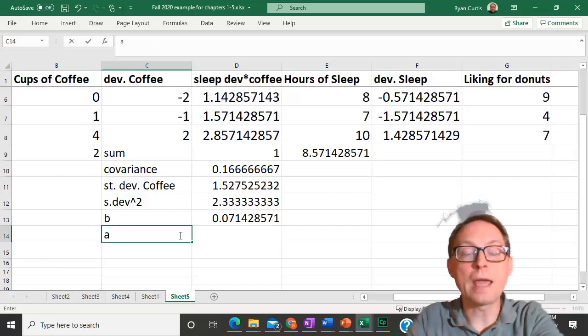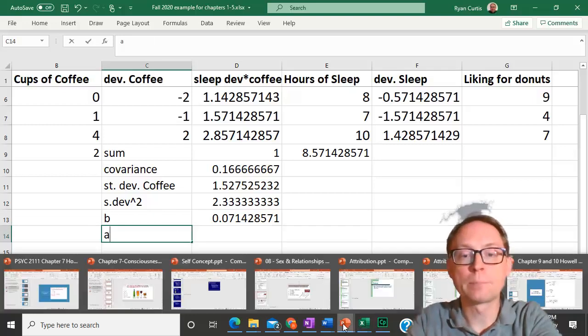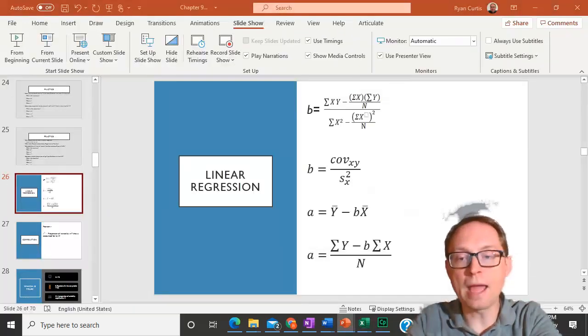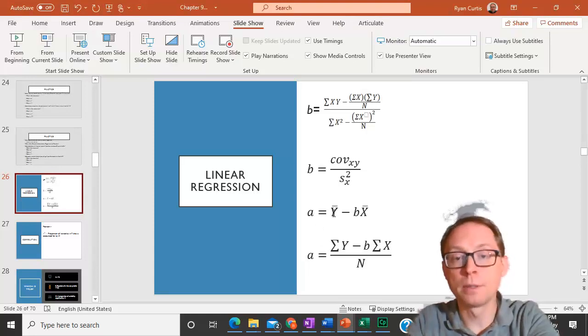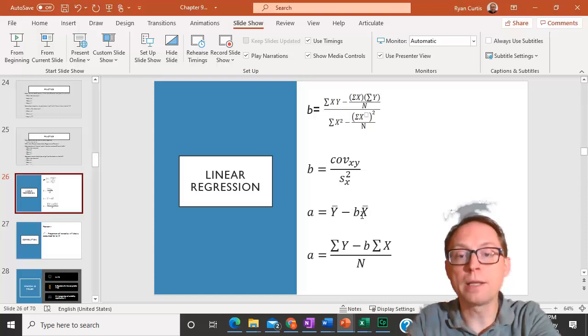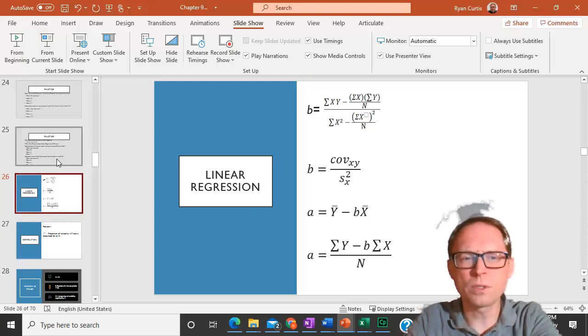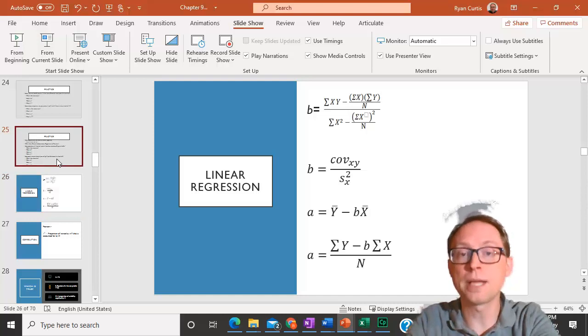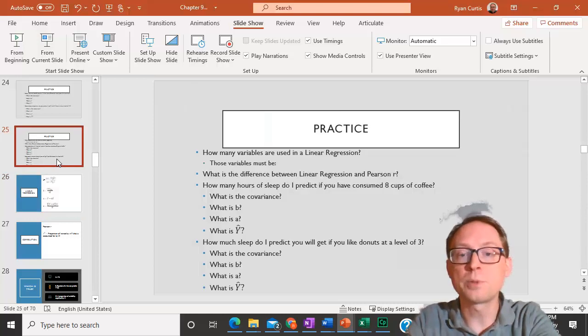So then, how do we get A? What is A? Now if you remember, A is going to be our y-intercept. It's going to be the mean of y minus the slope times the mean of x. What is x again? What is y? Remember, x is the thing that I give you. In this particular case, I said that I want to know how many hours of sleep you get if you've consumed 8 cups of coffee.